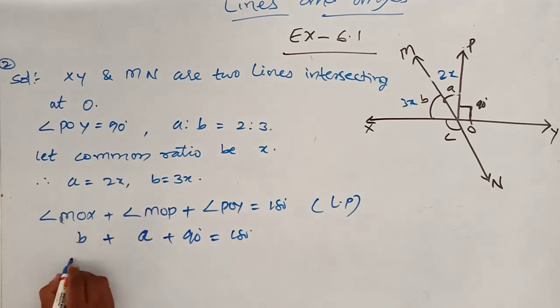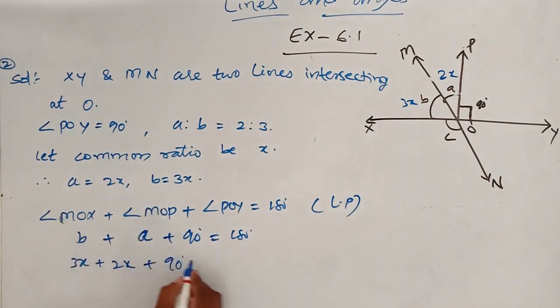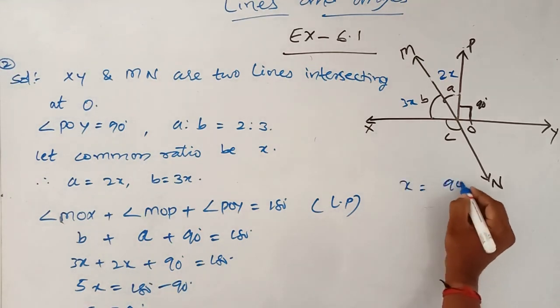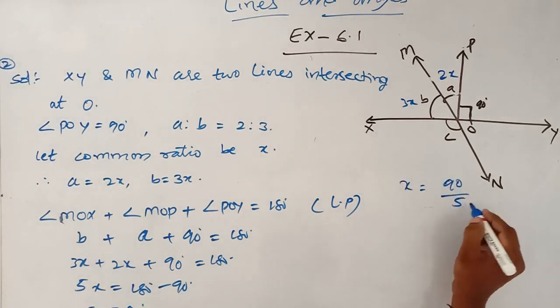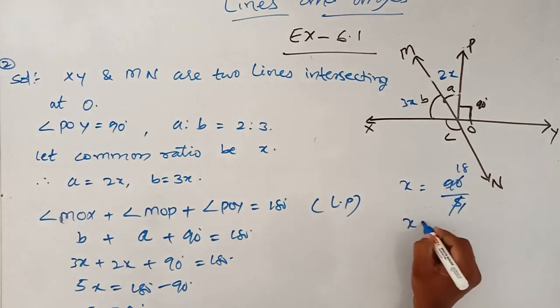B value is 3x plus A value is 2x plus 90 is equal to 180. Now 3x plus 2x is 5x. I am taking this 90 to the right side. So 180 minus 90, so here 5x is equal to 90. Now x is equal to 90 by 5. 5 times 18 is 90. X value I got is 18.